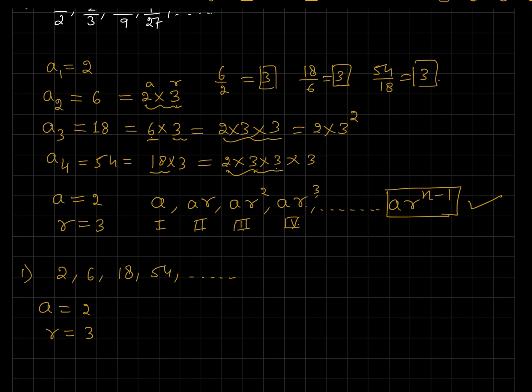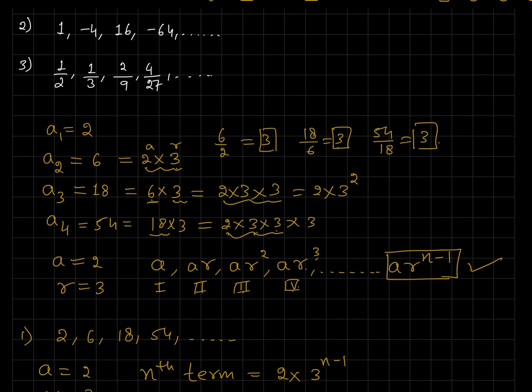So the nth term of this particular sequence would be a, which is 2, times r, which is 3, raised to n minus 1. Got it?